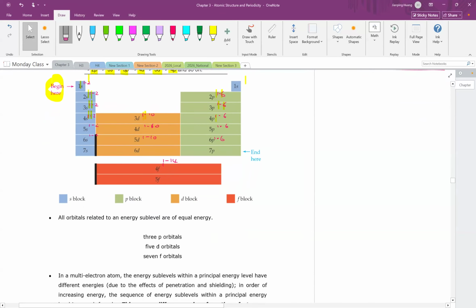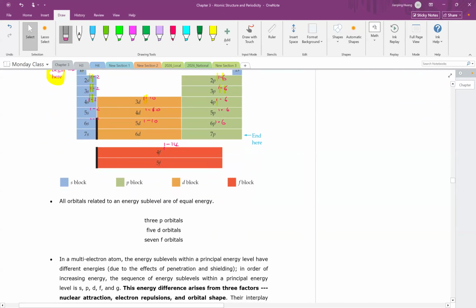And later on, we will also discuss the S block. That's the S block, P block is the P block, D block, F block. Why? Because last lecture, if we put that orbital, we are going to learn that.